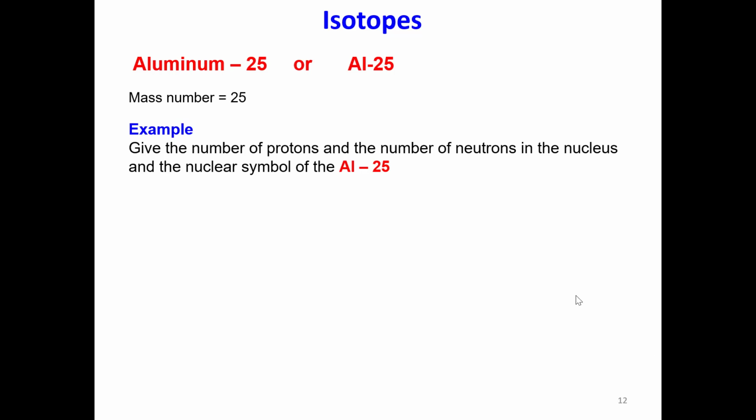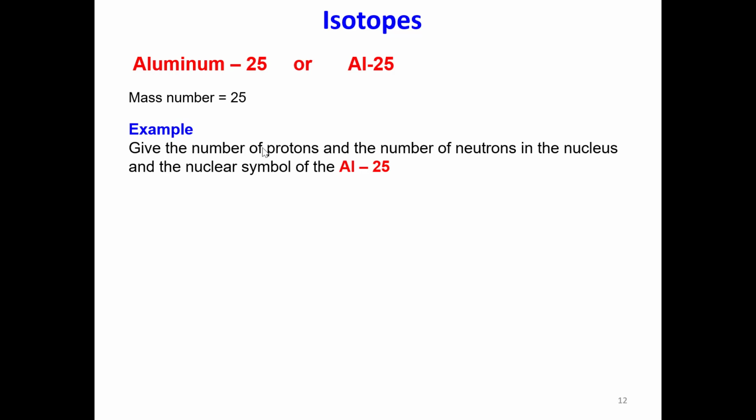Another way we can write the isotopes is in this way. We can write aluminum and then 25, where 25 is the mass number, or we can write just the symbol and then the mass number.